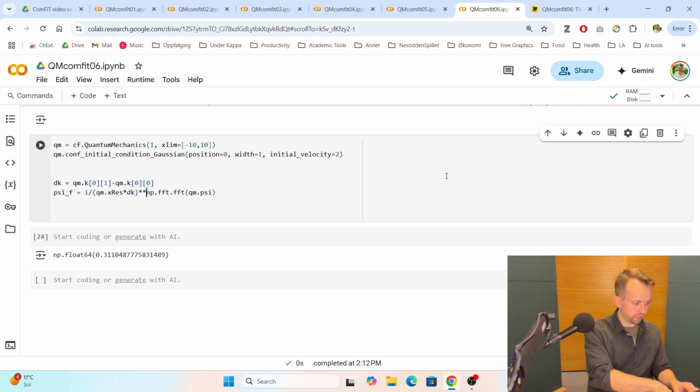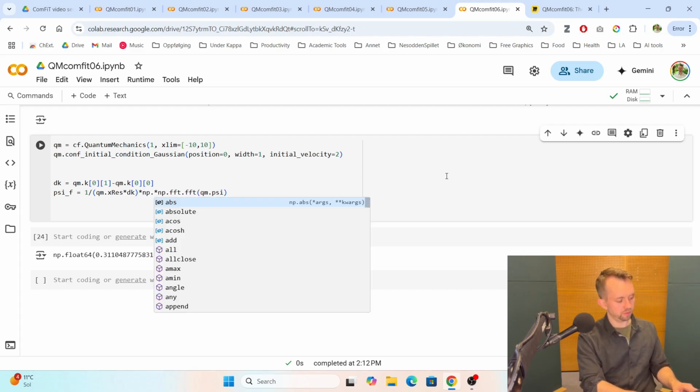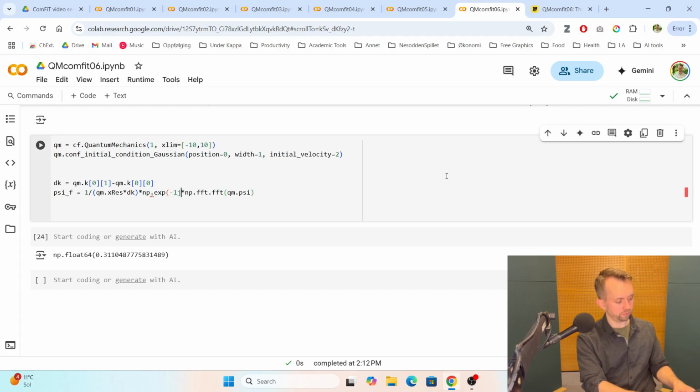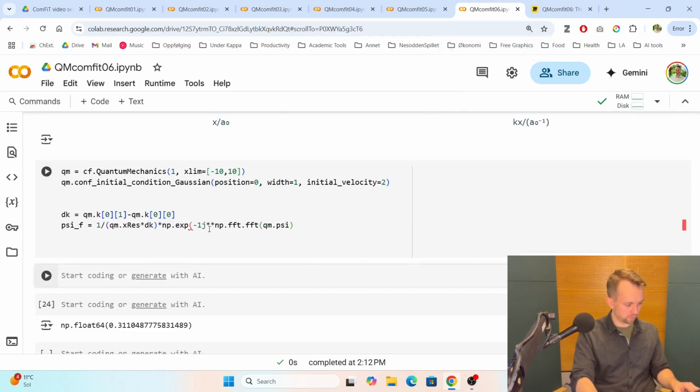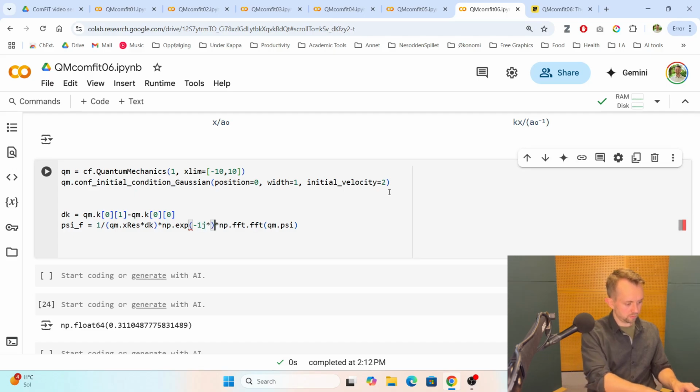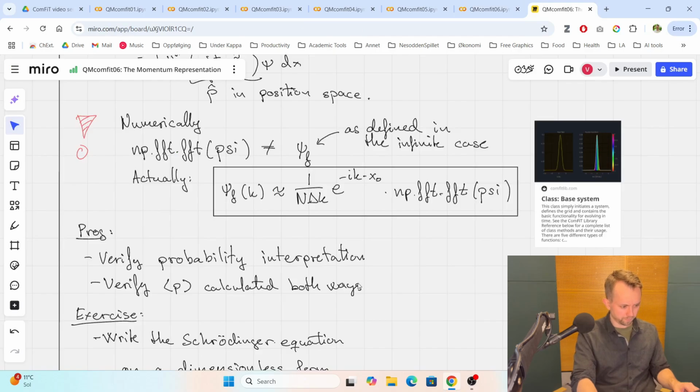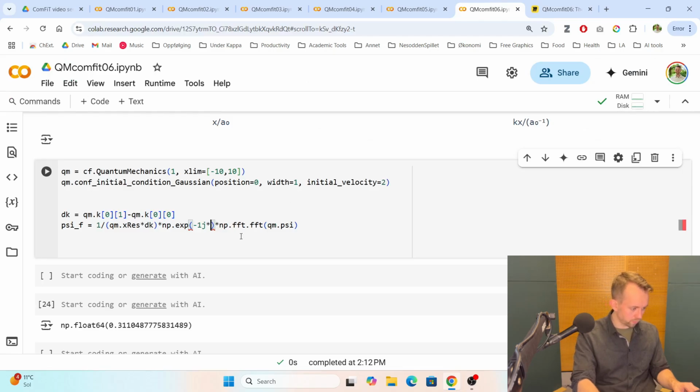I need to multiply with np.exp of minus 1j times k multiplied with qm.xmin.